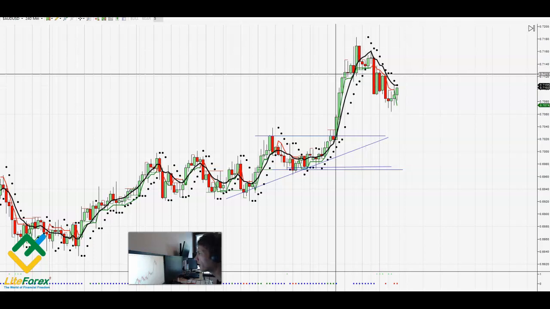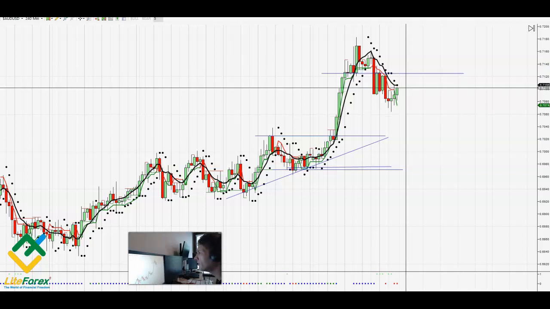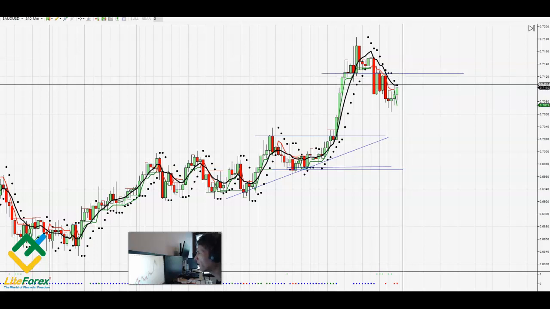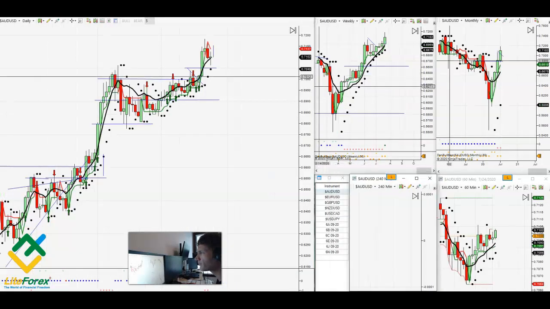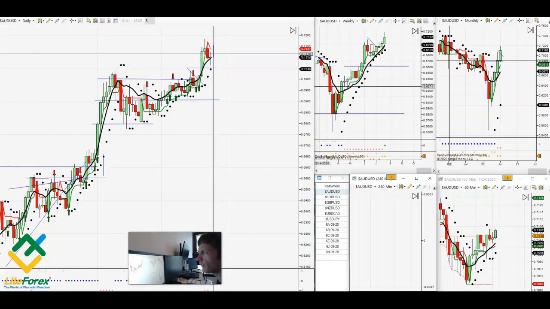We do need to take out this level right here, and this is around 71.25. So I'd want to confirm price back above 71.25 to really make sure, because after a pullback like this it could just be a false breakout. So let's make sure it gets above that price.